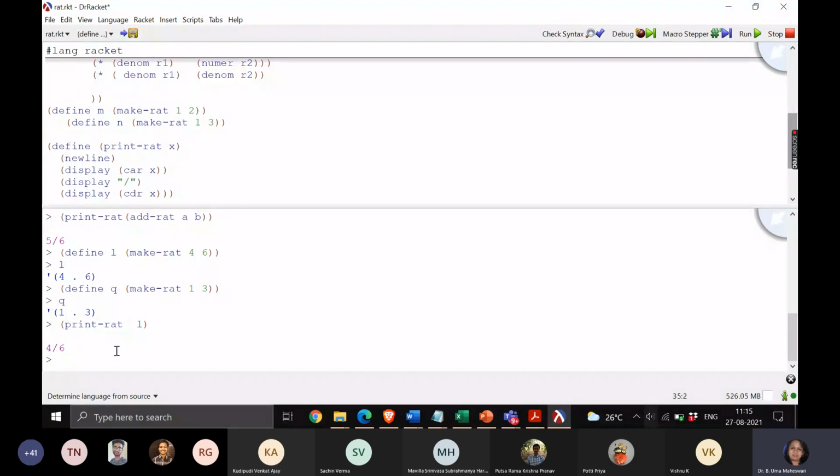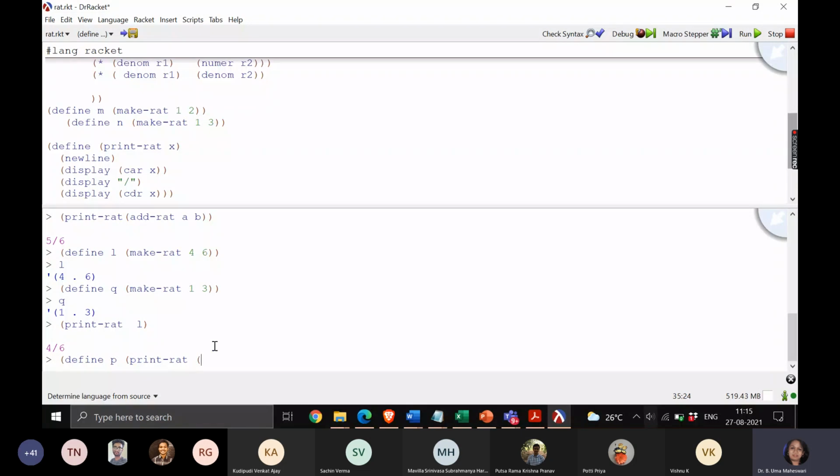Now I want to define one more rational number. Let's keep say P. I'm going for calling the display, print rat inside.